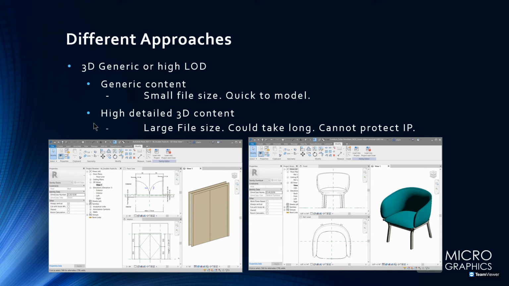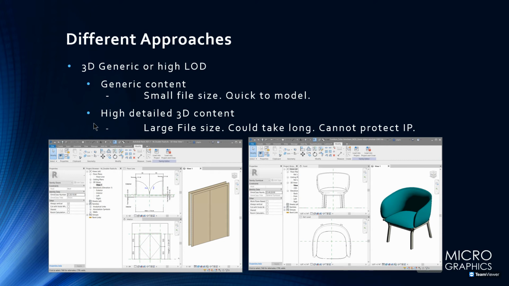It could take long to model these nuts and bolts, the curves, that sort of thing. And also you can't protect that model from other people using them. Now that could also be an advantage by itself, whereas you can start creating a website, adding models to that website and selling it, that sort of thing.